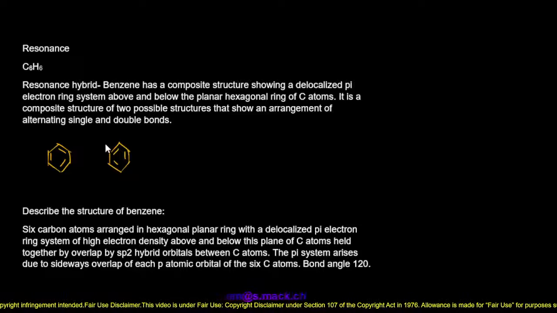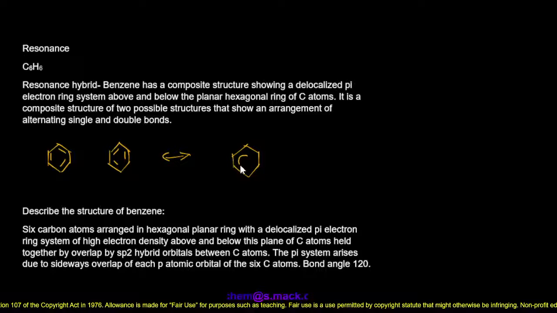with a resonance hybrid, the resonance hybrid structure is said to be a composite made up of these two proposed structures of alternating single and double bonds, where in our resonance hybrid, we consider our structure benzene to consist of a delocalized pi electron ring system, which we represent as a circle at the center of benzene.